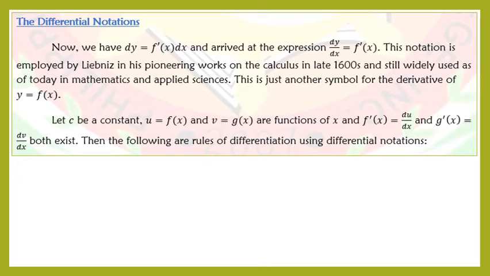Now, we have dy equals to f prime of x dx and arrive at the expression dy over dx, okay, so divided process by dx lang, is equal to f prime of x. So, pag nakita ninyo yung expression na to, dy over dx, ibig sabihin na to is derivative lang yan. First derivative ni function y with respect to x, or that is just equal to f prime of x.